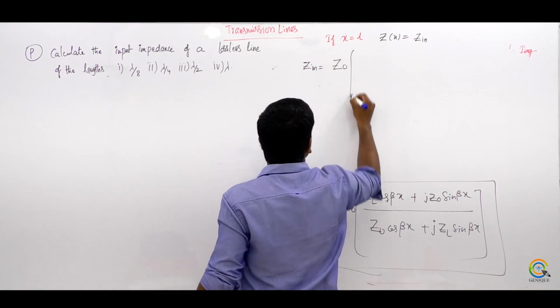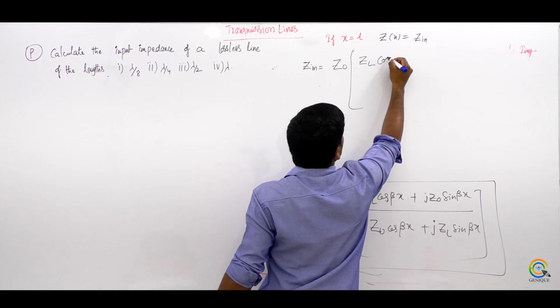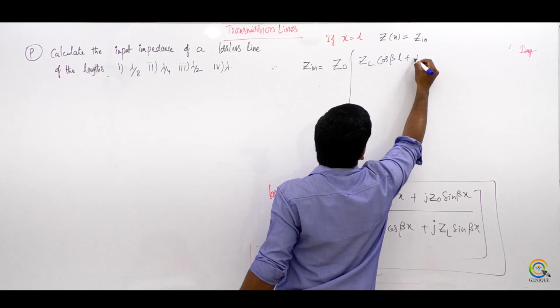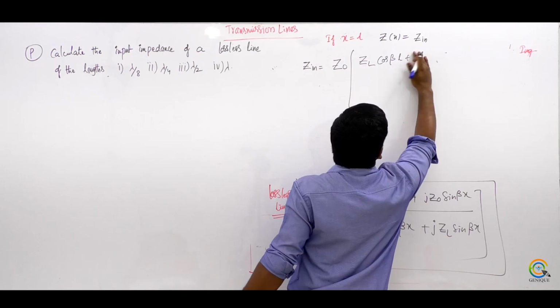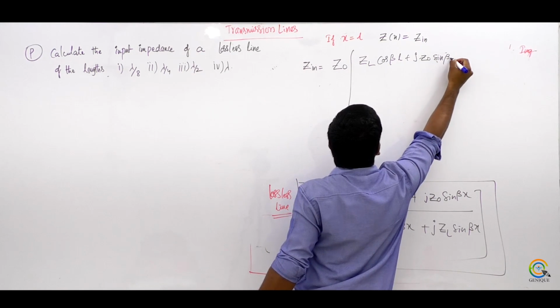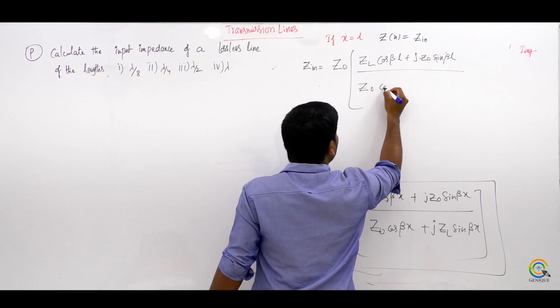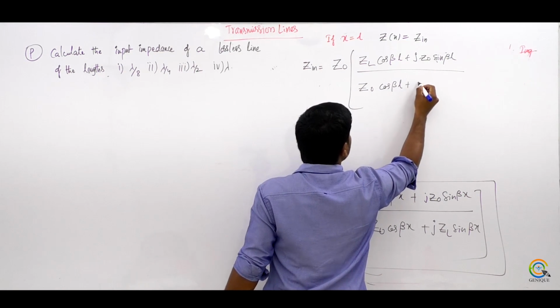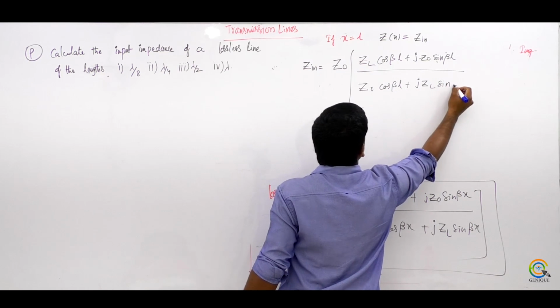Z in equals Z naught into (ZL cos beta L plus j Z naught sin beta L) divided by (Z naught cos beta L plus j ZL sin beta L).